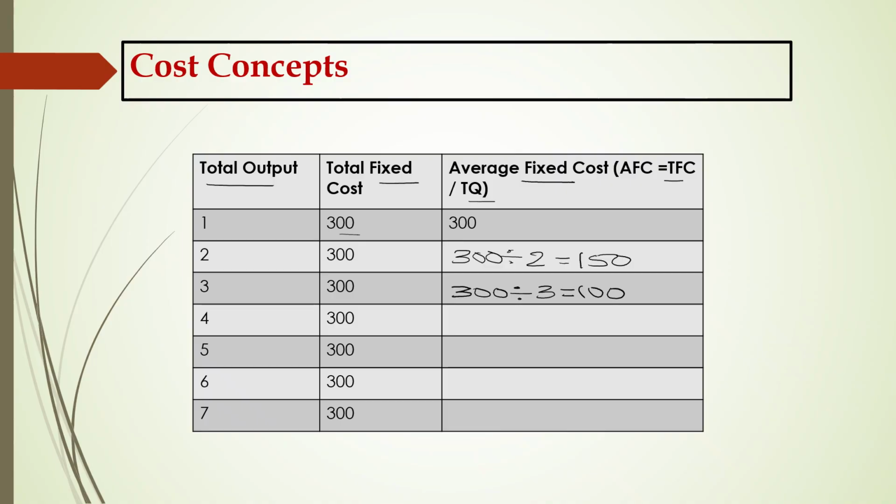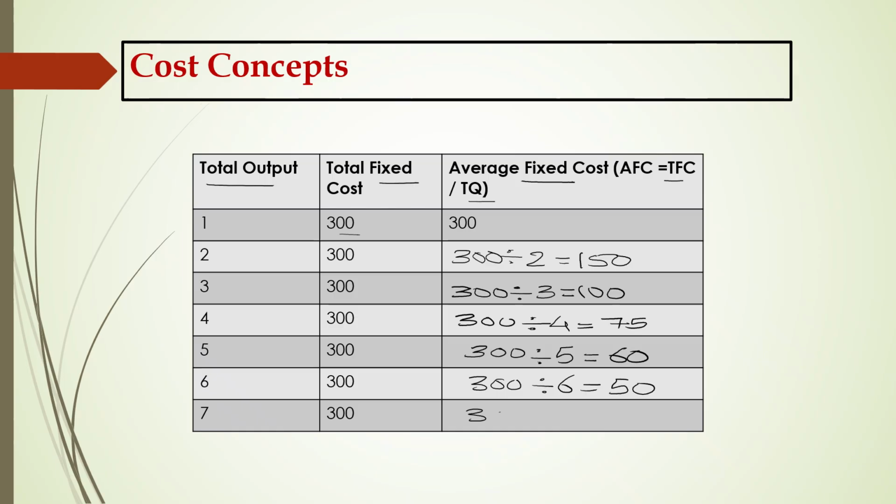The next one, the total fixed cost is 300 and the output is 4. So 300 divided by 4, my average fixed cost is 75. Then total fixed cost remains same, 300 divided by output is 5. So my average fixed cost is 60. Again, when the total fixed cost is 300 and the output is 6, my average fixed cost is 50.